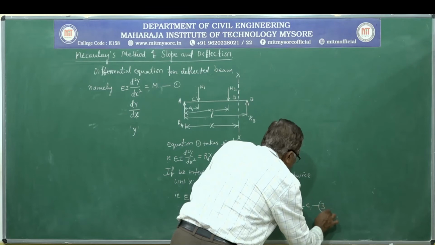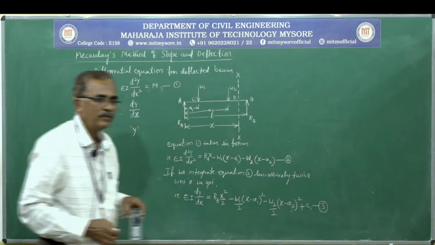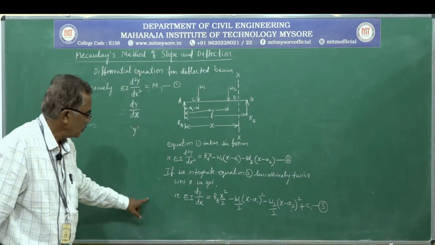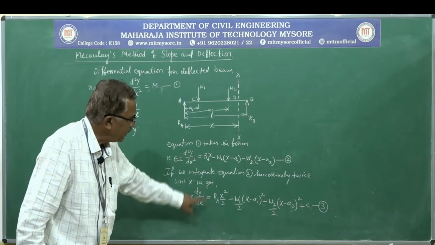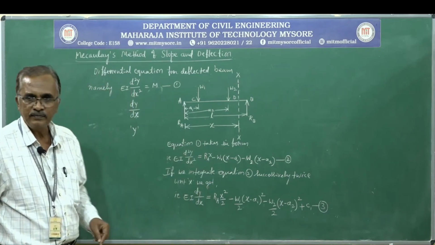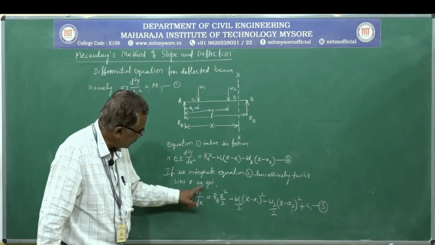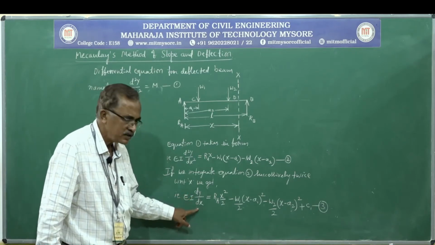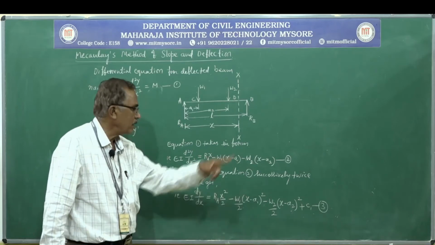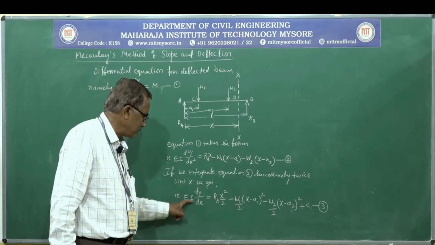Call this equation 3. So the integrated equation gives us equation 3. In equation 3 you can see the term dy by dx, so this is the equation for slope along with the flexural rigidity.